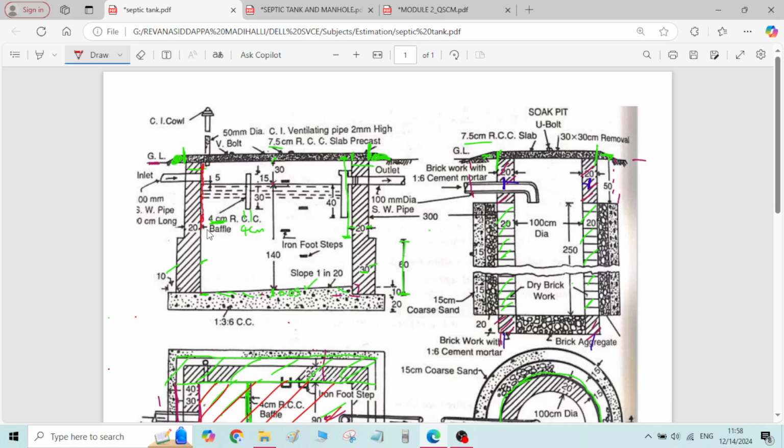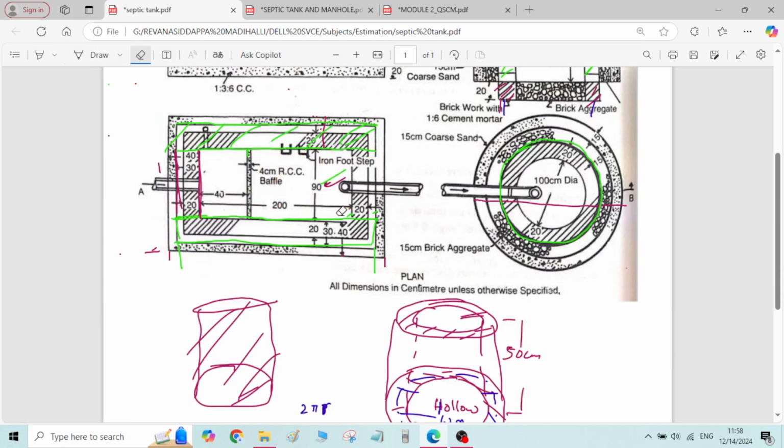Here they are doing 12 mm cement plaster all around the periphery. All around the periphery means all around the surface of the inside wall they are doing 12 mm thickness cement plaster.